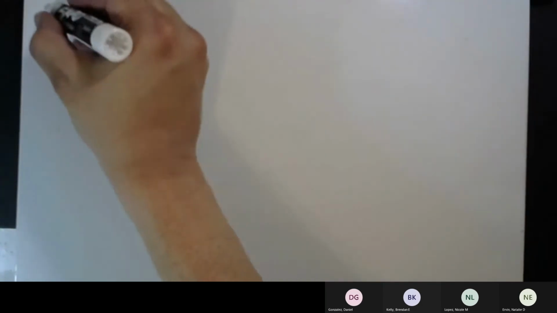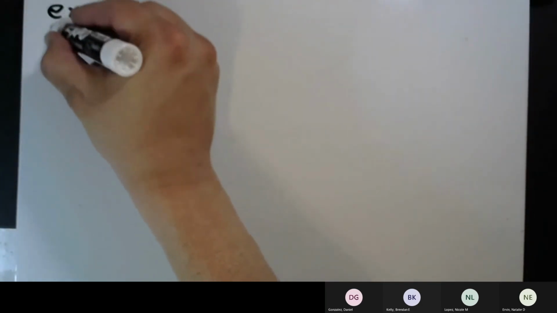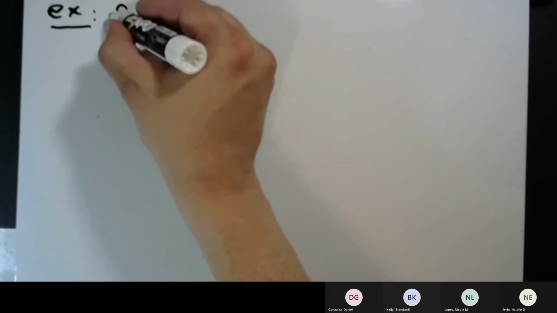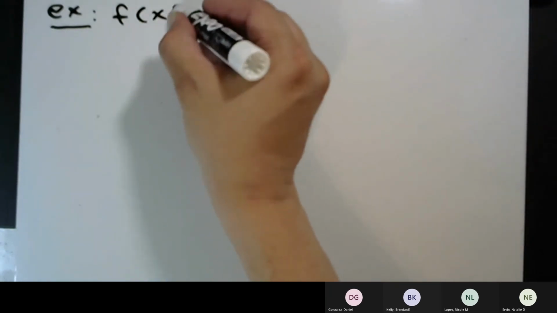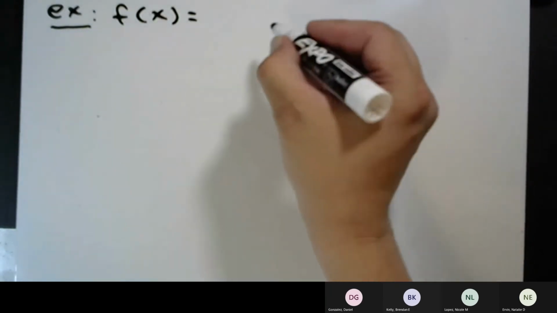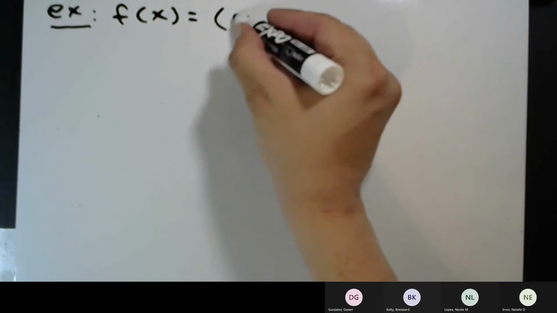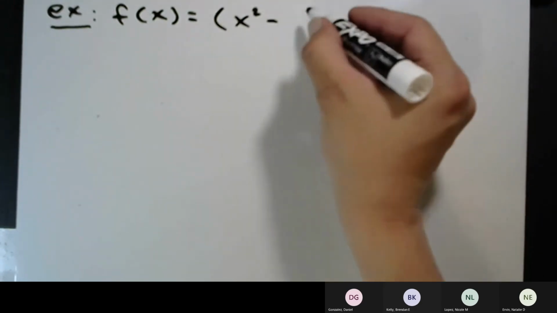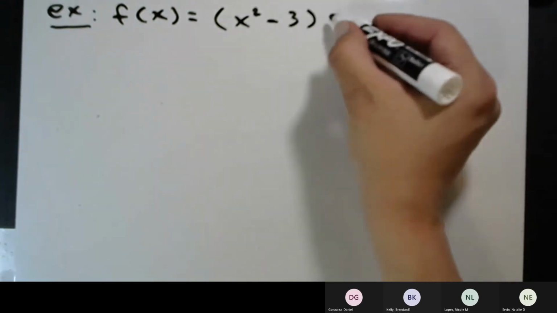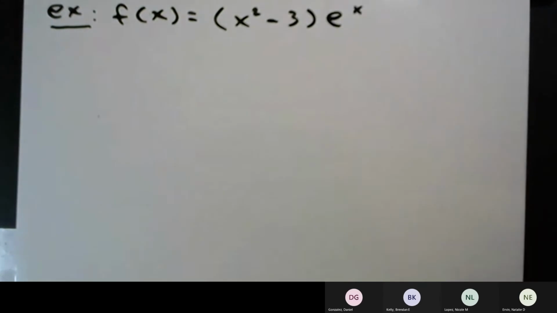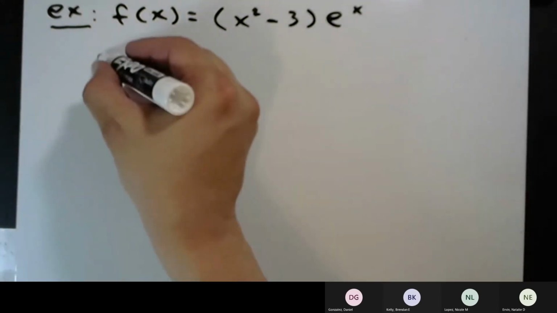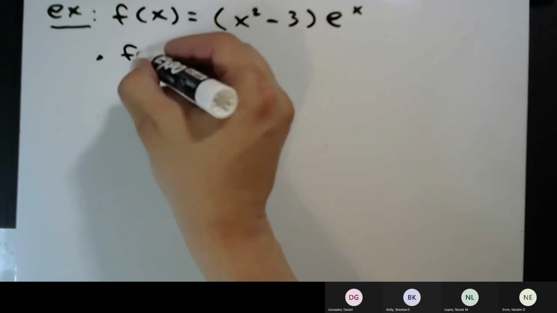So let's say we have something like this. So first off, let's find the critical points.